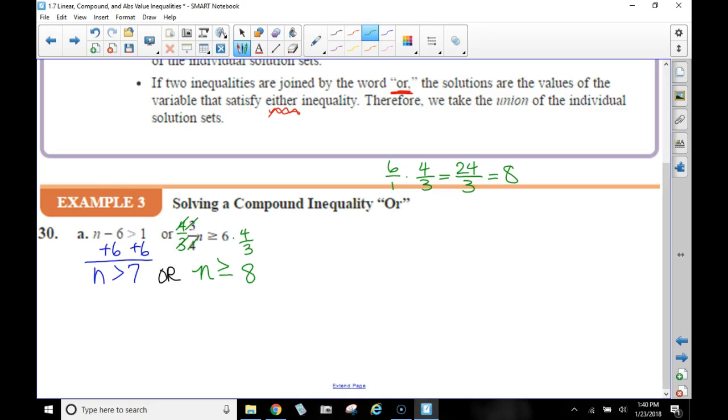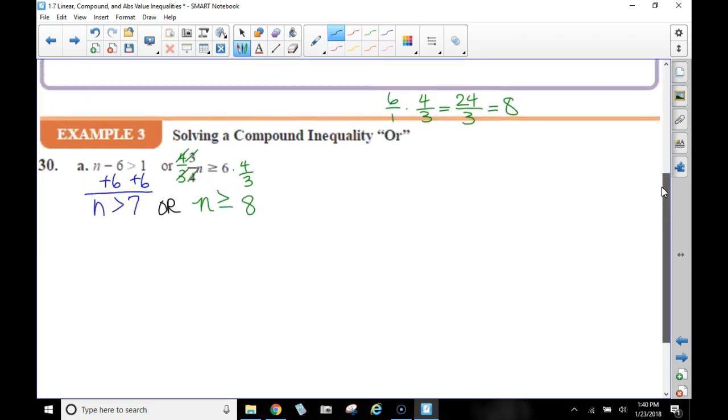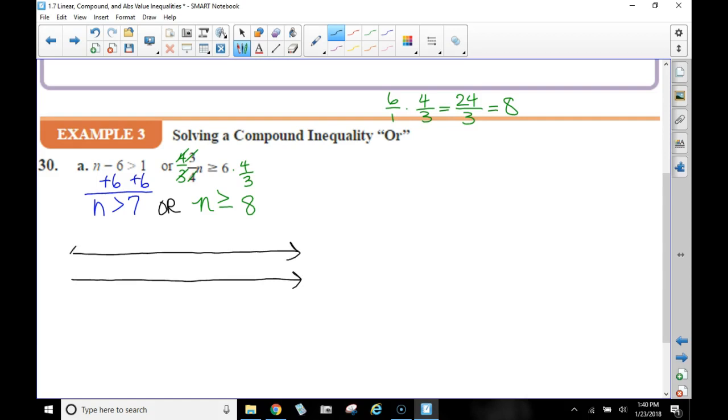All right, now, to organize our information, I personally like to draw some simultaneous number lines. Okay, that means I'm going to draw one number line right on top of another number line. And I need to put 7 and 8 on these number lines, okay?